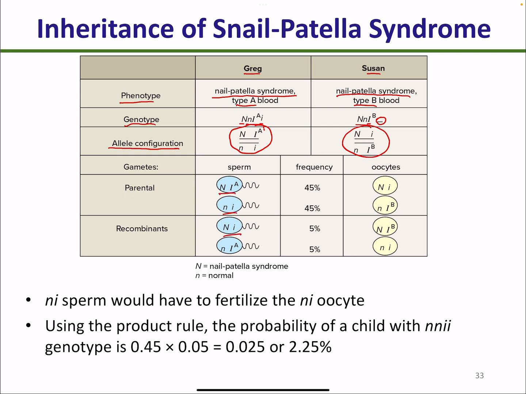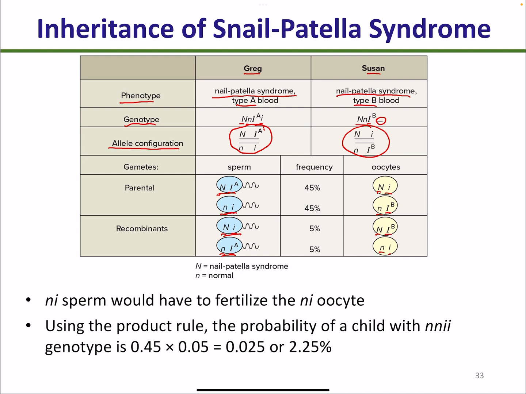So capital N, capital I^A; lowercase n, lowercase i; capital N, lowercase i; lowercase n, capital I^A. That's for Greg. For Susan, capital N, lowercase i; lowercase n, capital I^B; capital N, capital I^B; lowercase n, lowercase i.